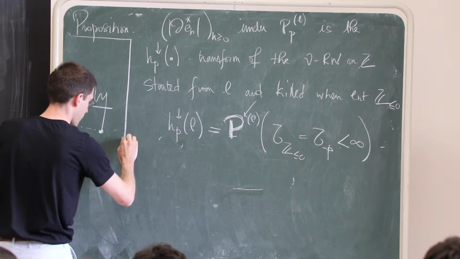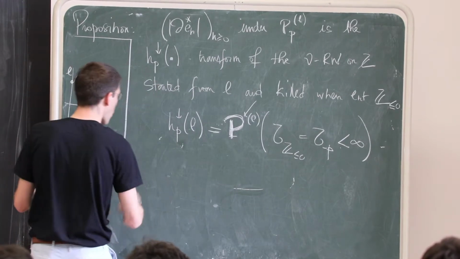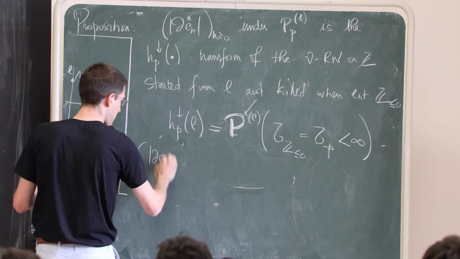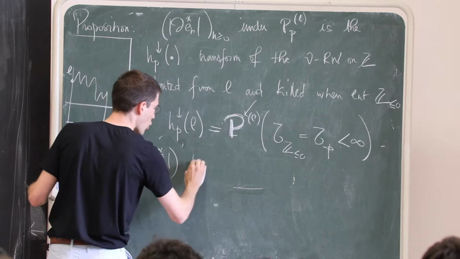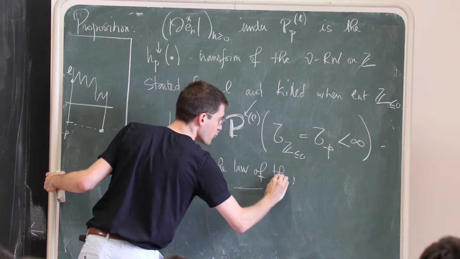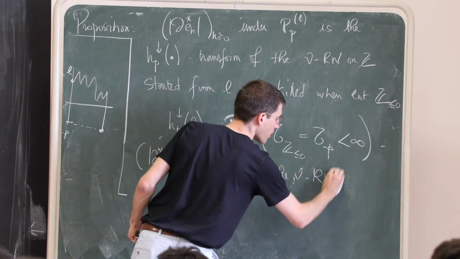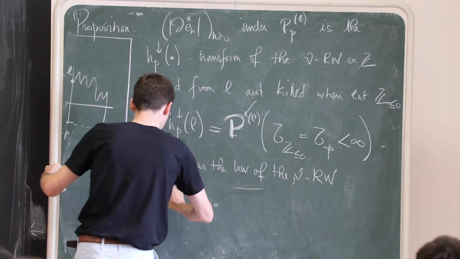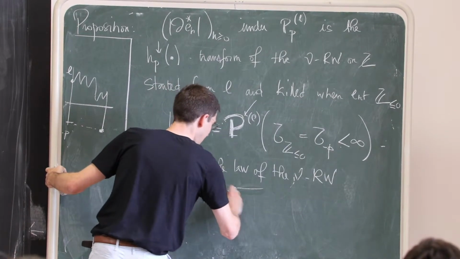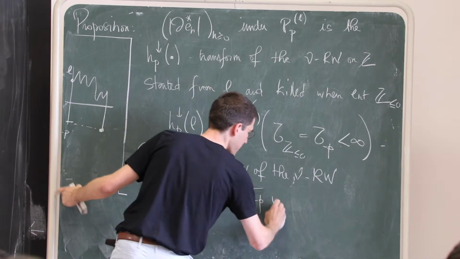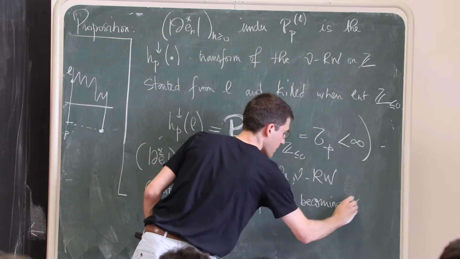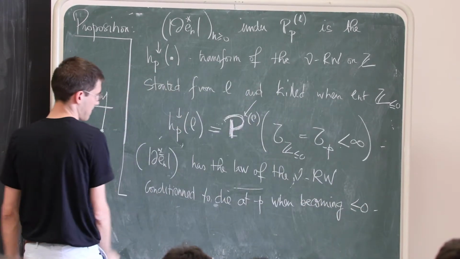And so, corollary, if you wish, hence, this process has the law of the new random walk conditioned to die at minus P when becoming negative, non-positive.